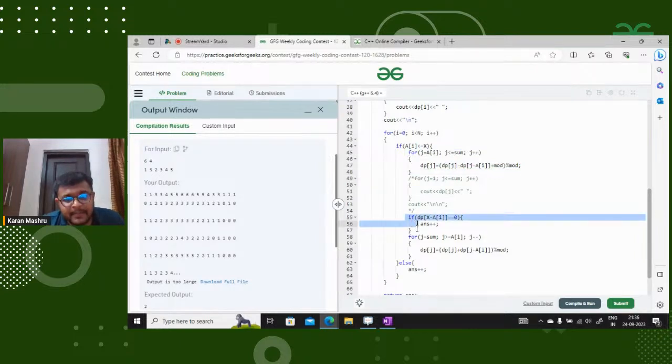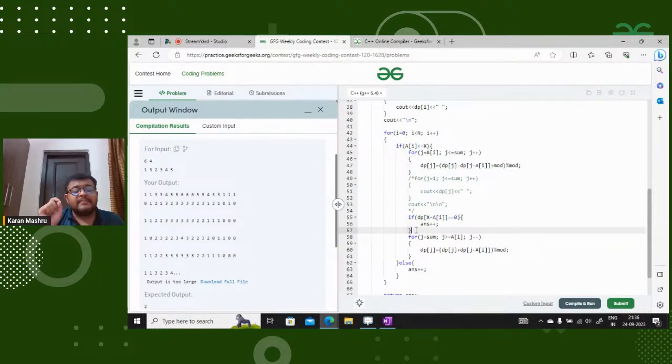If dp of x minus a of I becomes equal to 0, it means there are no subsets whose sum equals x minus a of I not considering the ith element. It means there are no subsets whose sum equals x considering the ith element. It means the ith element is not a part of any subset whose sum equals x. So I can remove the ith element and I'll make answer plus plus.